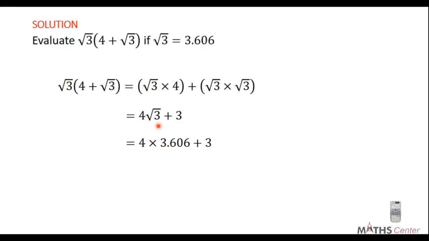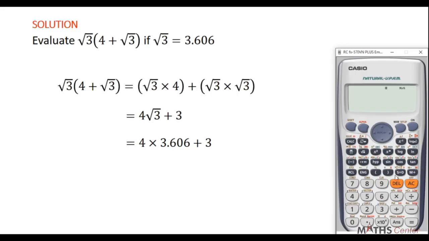So you replace square root of 3 here with 3.606. So it's going to give us 4 times 3.606, then plus 3 as we have here. So 4 times 3.606 will give us 14.424.